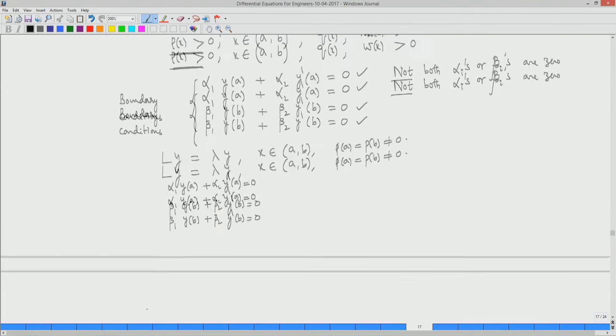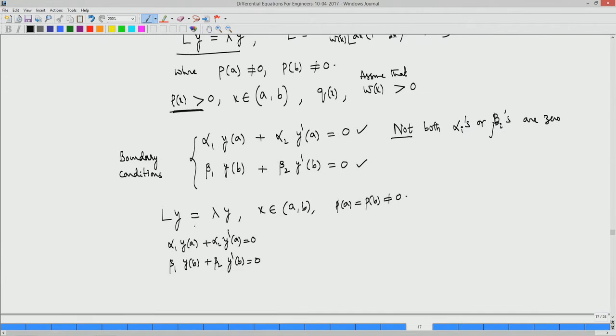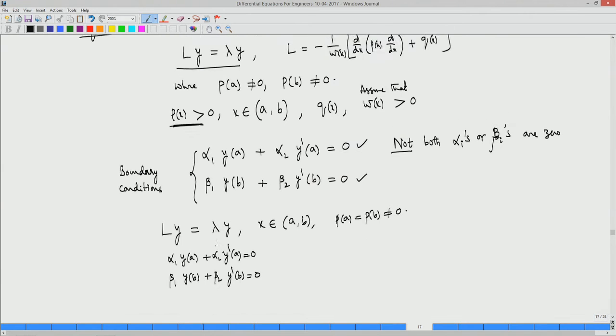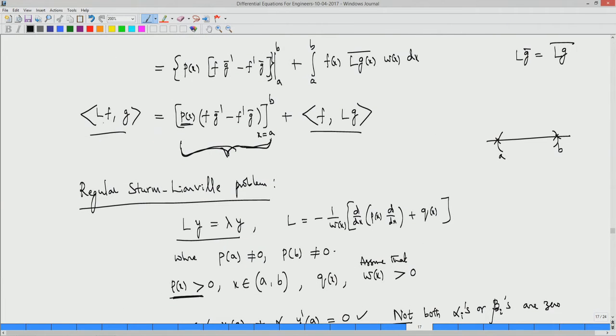So once you have this, I want to see any solutions of this problem. You take any solutions f and g, and the operator L applied to f, with g, has to equal f with L g, for any functions that are solutions of this equation.